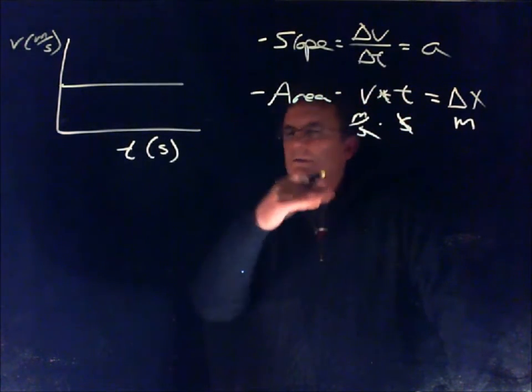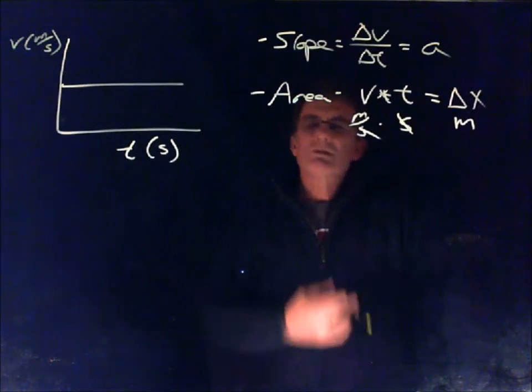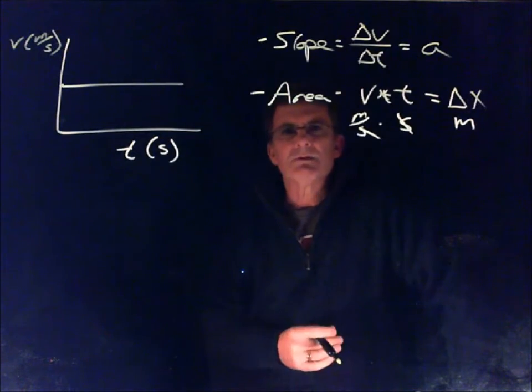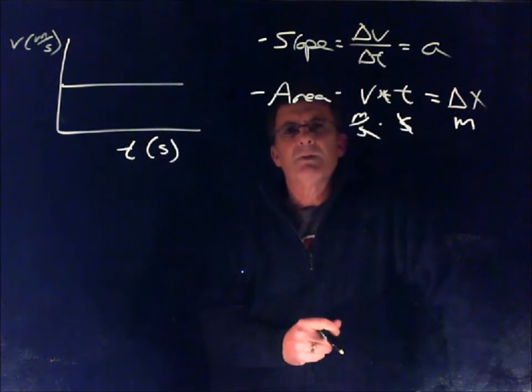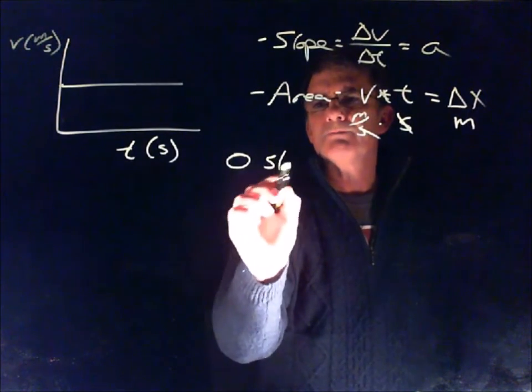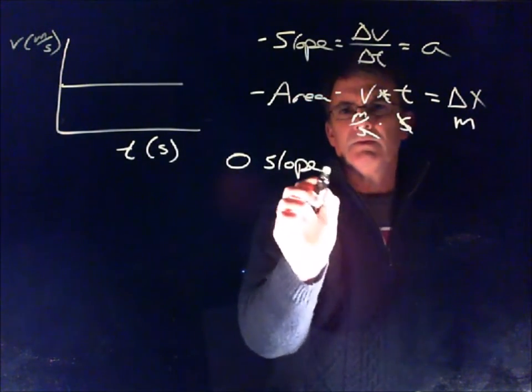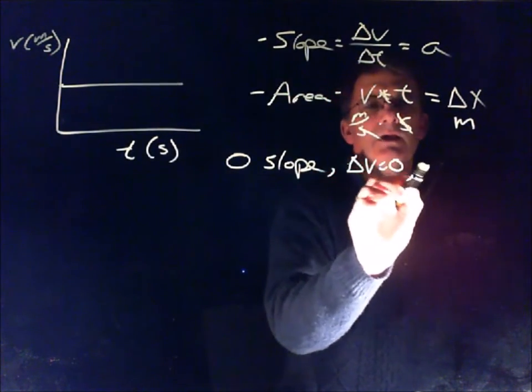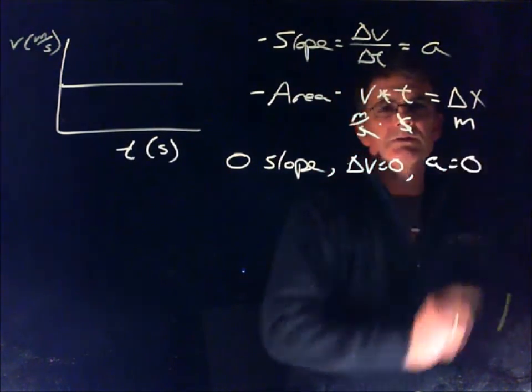So sometimes the slope means something, sometimes it doesn't. Sometimes the area means something, sometimes it doesn't. You just have to be careful about it. So in this particular case, when we're dealing with a zero slope, that means we don't have a change in velocity, which means acceleration is 0.